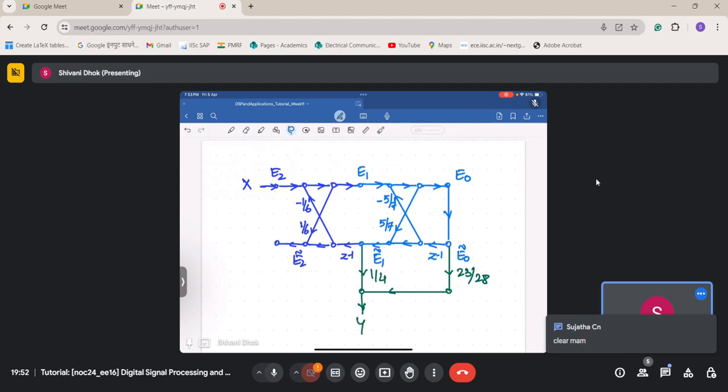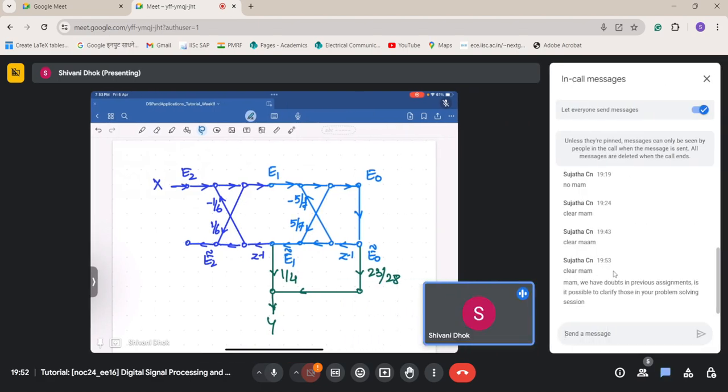Okay, so this was the last question that I had planned to cover today. Sujata, whatever doubts you have, I haven't seen the assignment yet, so just post it in the forum. I'll solve it in the next tutorial, definitely. Whatever assignment solutions are already released, I can discuss, but I haven't prepared it yet.